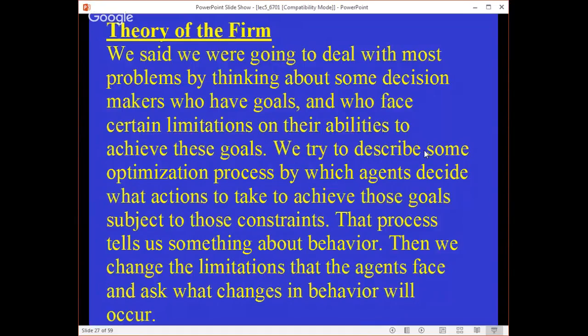So that's going to tell us something about the behavior of the firm. Then once we have the basic idea, I can see what happens when I change certain variables. So I change the constraint. In this case, it's going to be technology constraints for the most part. Or I change how much we're able to spend on the product or price of inputs, for instance.